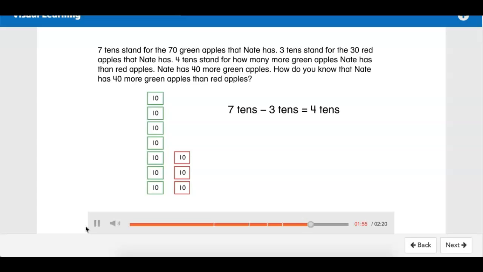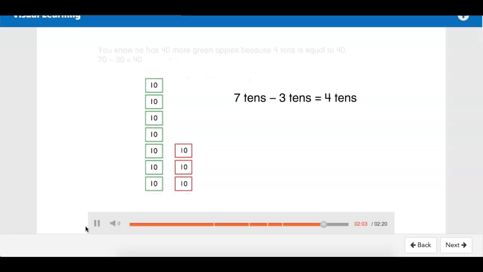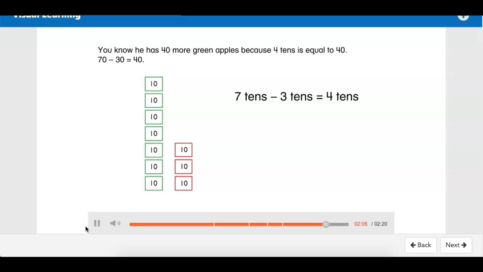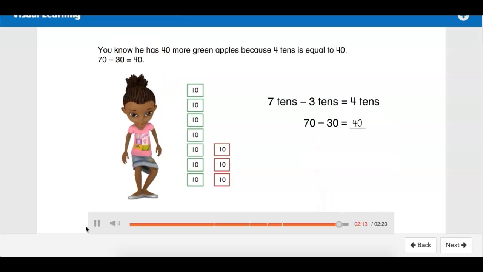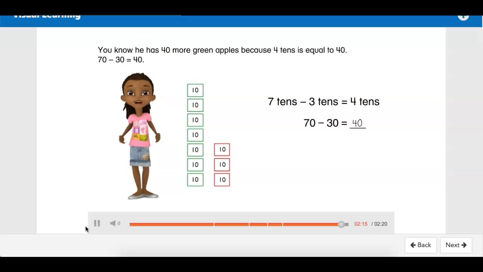Nate has 40 more green apples. How do you know that Nate has 40 more green apples than red apples? You know he has 40 more green apples because 4 10s is equal to 40. 70 minus 30 equals 40. How would you choose to show this problem?